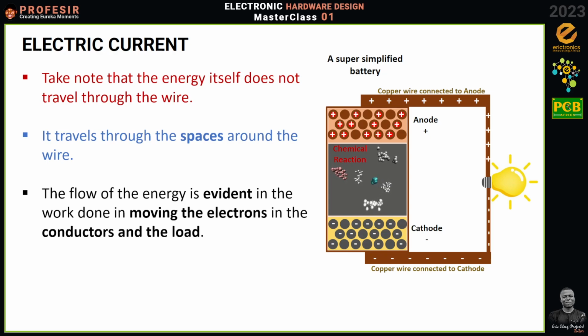That means 1 mole of copper would have 6.023 times 10 raised to the power 23 extra electrons already in their conduction band. A fraction of these electrons are what flow to constitute current.